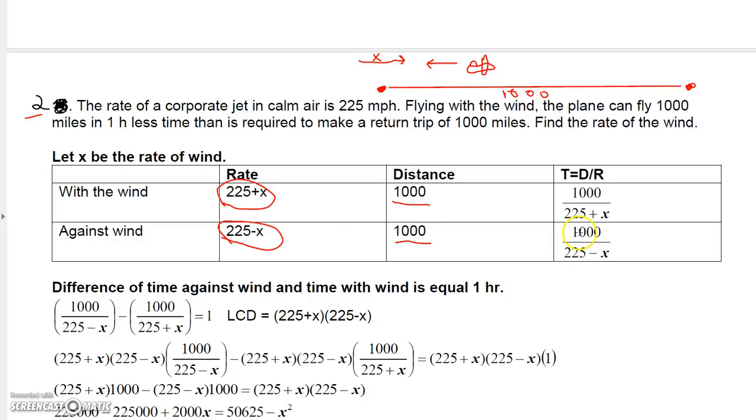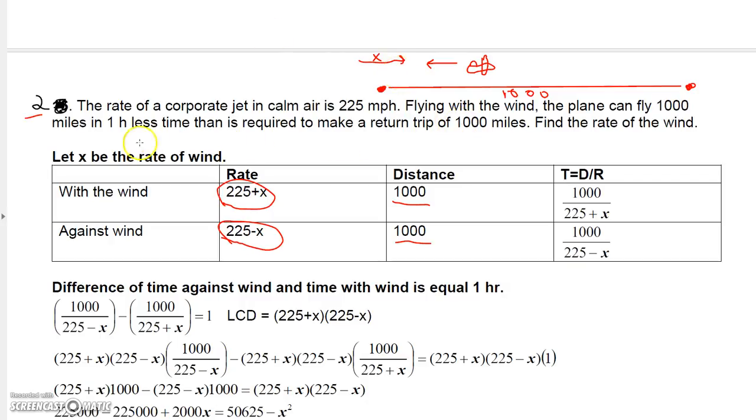And then the time going back would be the same thing, but the rate changed. Instead of 225 plus x, it's 225 minus x. So that's the rate going back. So these are the times that it took. The trip took 1,000 divided by 225 plus x to go this way, and then 1,000 divided by 225 minus x to go this way against the wind.